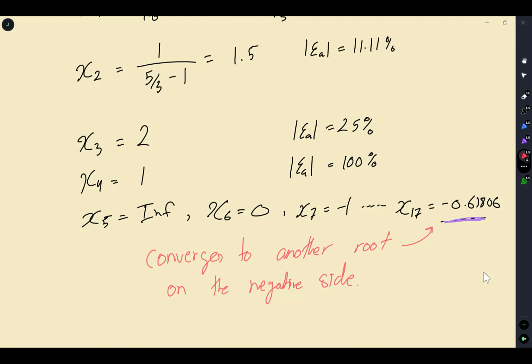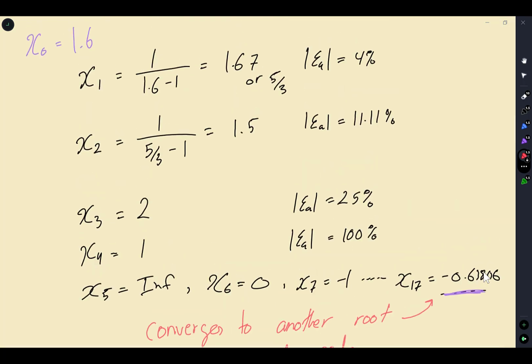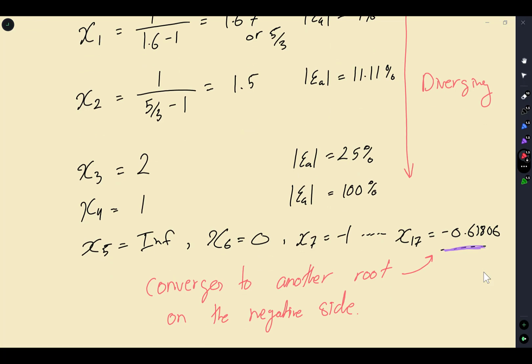So essentially what we can say here is we had initial divergence. Initially it's diverging. But then after that, it somehow converged into another root, which depends on the goal of the problem.